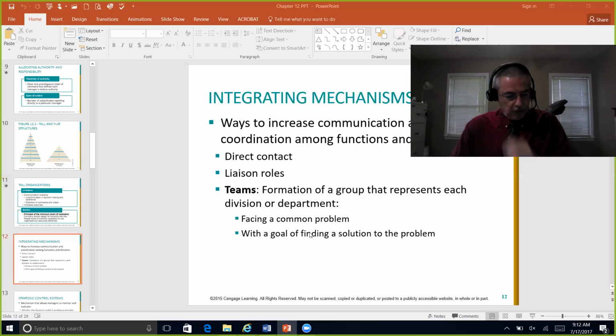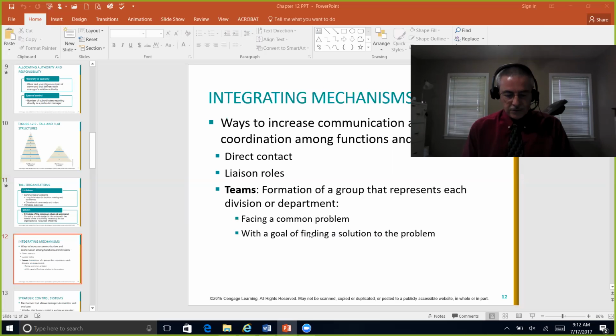Equally important, over on page 403, when we talk about integration and the integrating of these mechanisms, it's really about how managers need to go about using various integrating mechanisms to increase coordination and communication across the different functions and divisions, which gives the organization greater flexibility of its structure, and it also hopefully improves the coordination among its people.